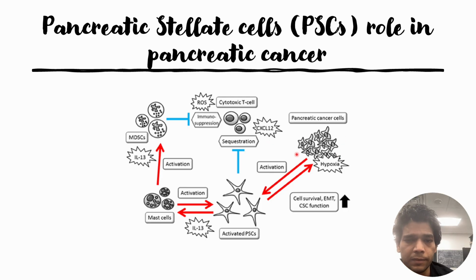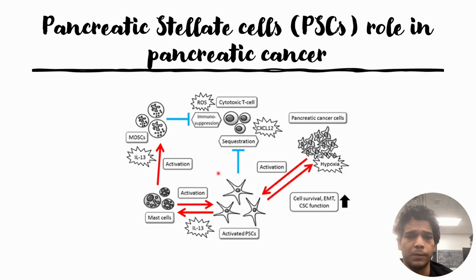And this is how the multifaceted role of pancreatic stellate cells helps in pancreatic cancer cell development. One way is by reducing the host immune system response, and the other way is by promoting the pancreatic cancer cells to develop metastatic or migration capabilities through these EMT changes, thereby spreading the tumors from primary tumor sites to secondary tumor sites.